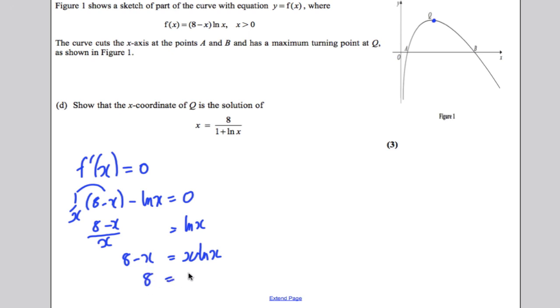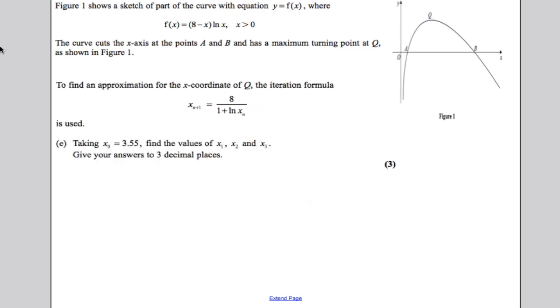So 8 would be equal to x plus x ln x. Let's factorise the x out. So we would have x times 1 plus ln x. And let's divide both sides by 1 plus ln x, so therefore x is equal to 8 over 1 plus ln x as required for your 3 marks. It's not as bad as it seemed. Just rearrange this until you get this formula here.